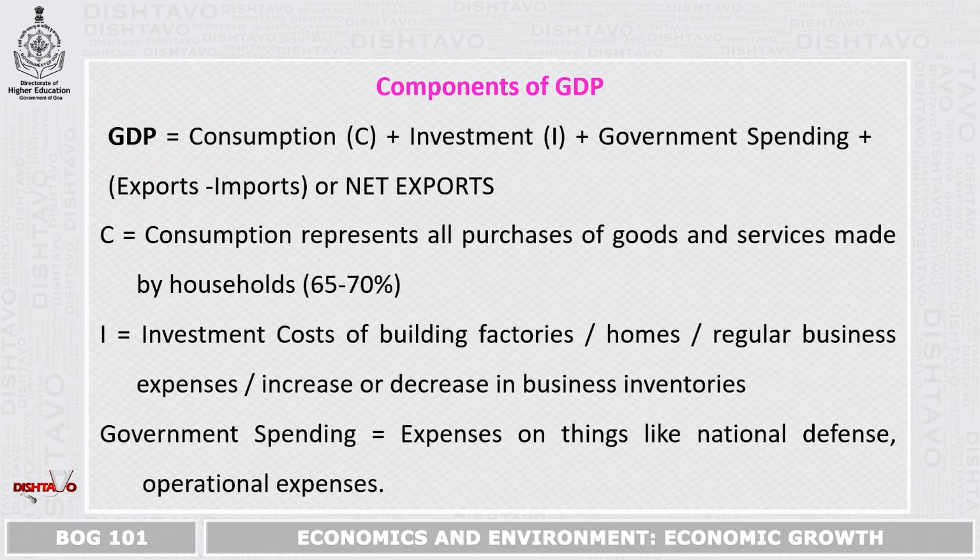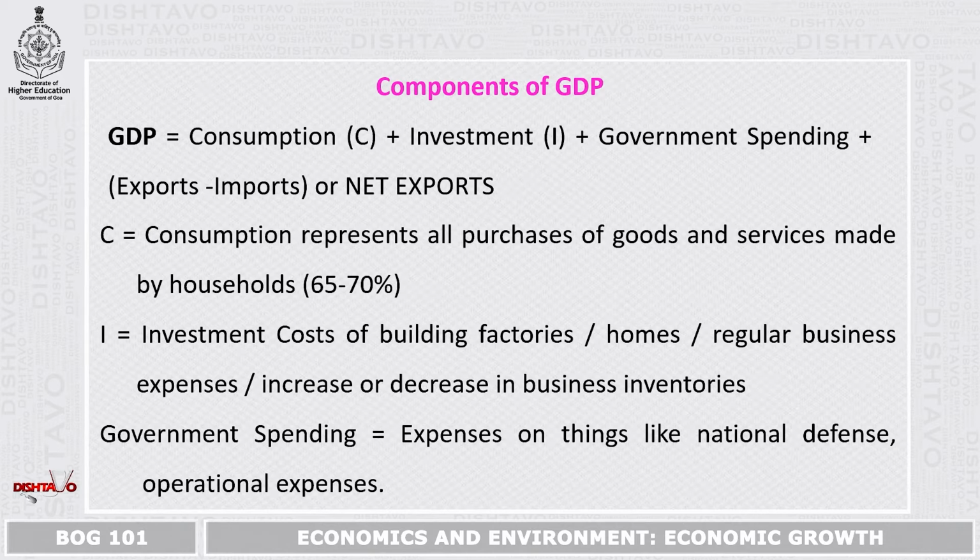Now coming to the components of GDP. GDP is calculated as consumption plus investment plus government spending plus exports minus imports. Here, consumption represents all purchases of goods and services made by households.